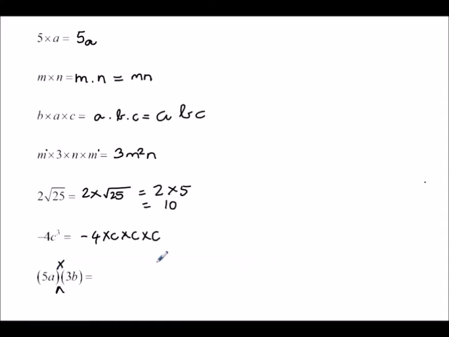So the first thing I do, remember we do signs, then numbers, then letters or variables. All of these are positive, so my answer will be positive. Numbers, I have the number 5 multiplied by 3. 5 3s are 15. A times B is AB.